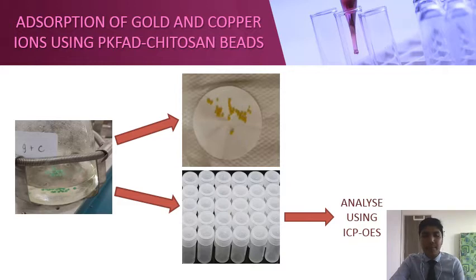Then the desired amount of PKFAD chitosan beads was added into the solution. An orbital shaker was used to shake the mixture together with the biosorbent at 150 rpm for 3 hours. After that, the beads were filtered using a filtering funnel together with filter paper. Then the concentration of the filtrate for both Cu2+ and Au3+ was measured by using ICP-OES.